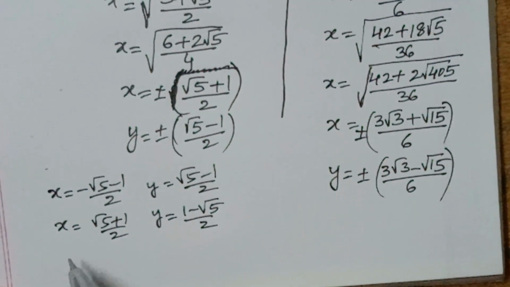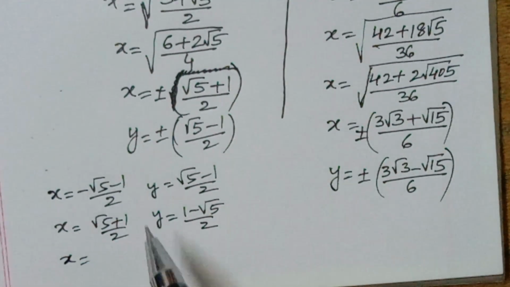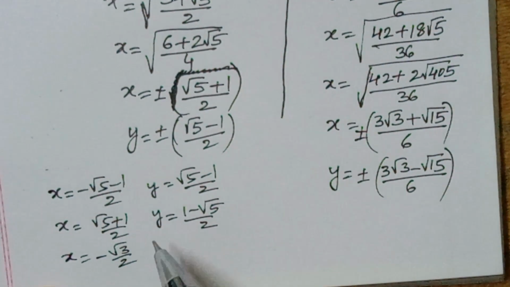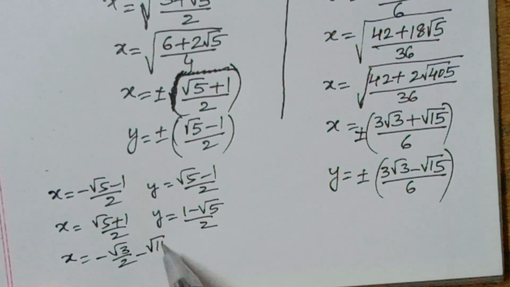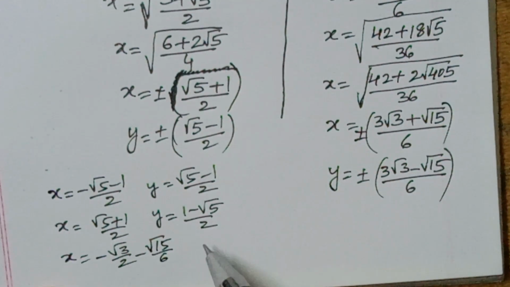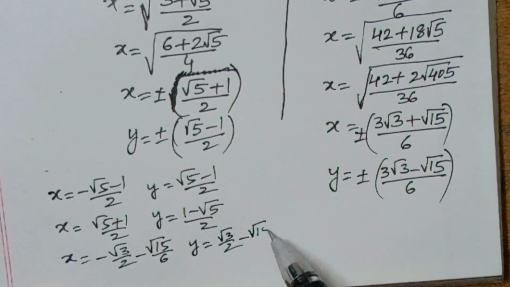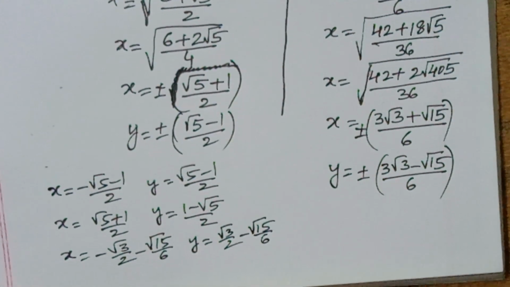And if you take another case, x will be minus root 3 by 2 minus root 15 by 6, y is equal to root 3 by 2 minus root 15 by 6.